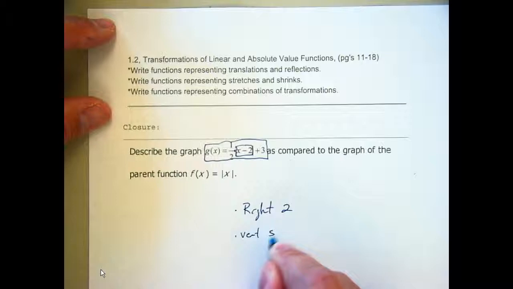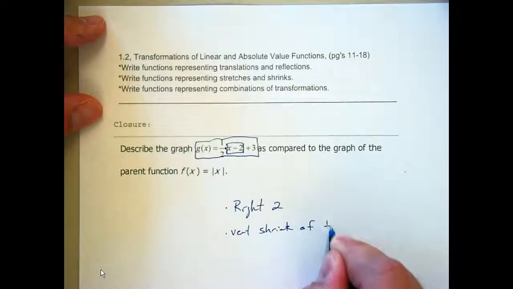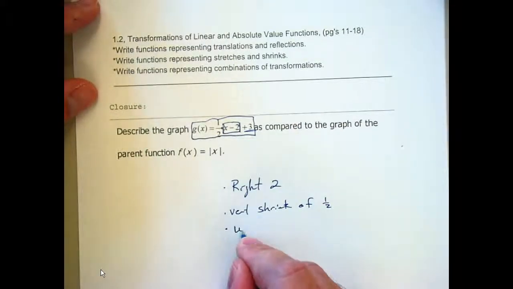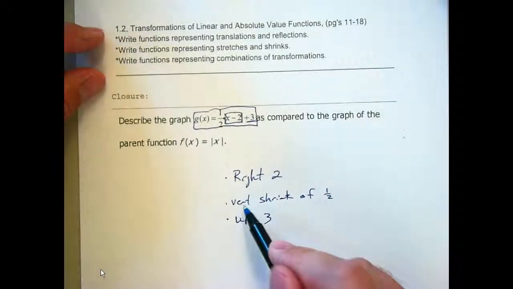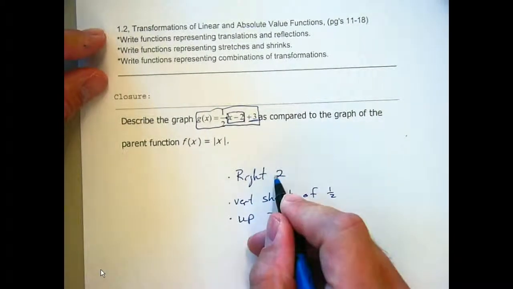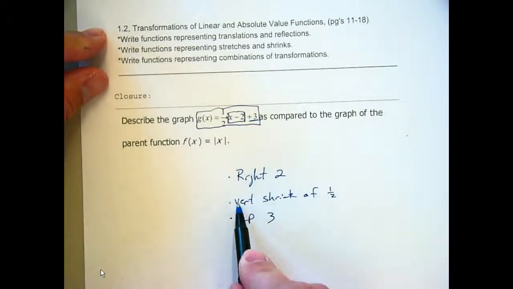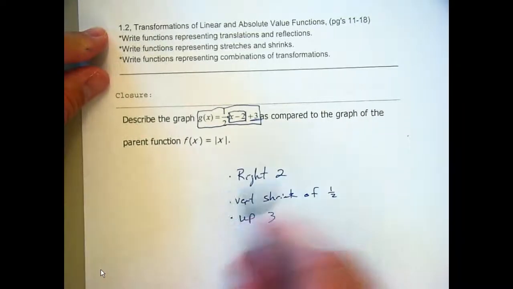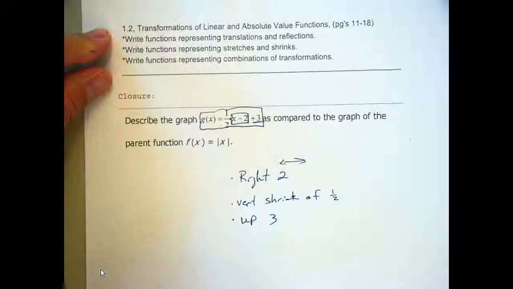Vertical shrink of 1/2, and then up 3. Now, please note that wherever you could have put right 2 anywhere, you could have made it the first thing, the second thing, or the third thing. Because it's moving horizontally, it's the only part of this that's moving horizontally.